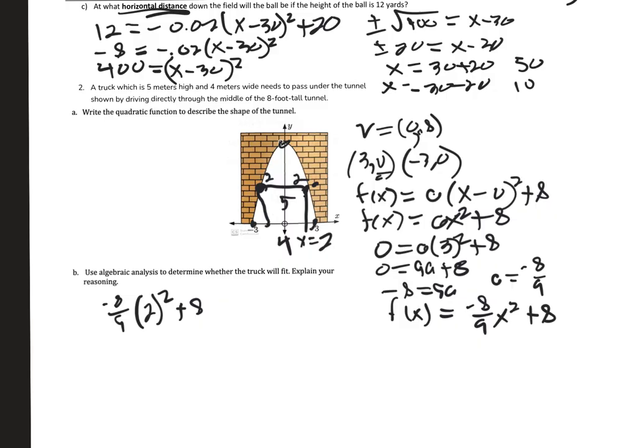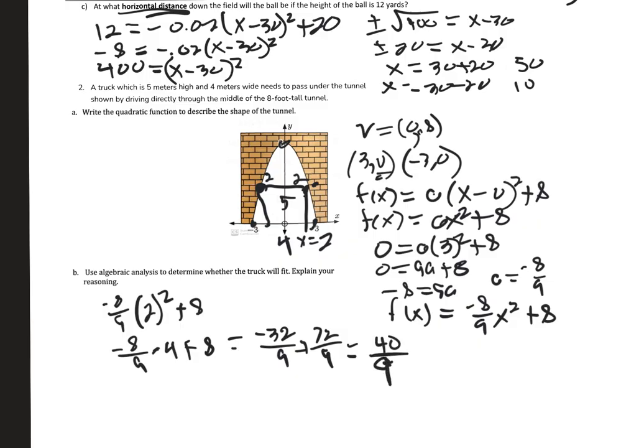And that's going to give us negative 8 over 9 times 4 plus 8. And that's going to give us negative 32 over 9 plus, and I'm going to convert this to ninths, 72 over 9. 8 is equal to 72 ninths, and that's going to give us a value of 40 over 9.